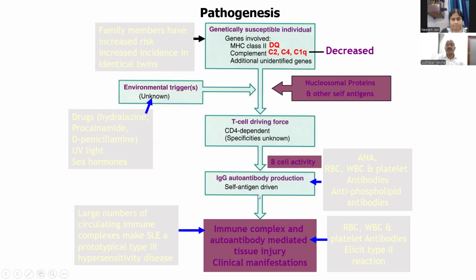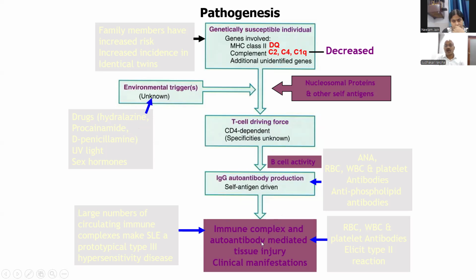So in all autoimmune disorders, the basic mechanism is these individuals are genetically predisposed, and because of some unknown trigger, it may be a viral infection or some drugs, these things will cause the T cells, T lymphocytes, to stimulate the B cells for the production of antibodies against the own antigens, leading to autoantibody production.